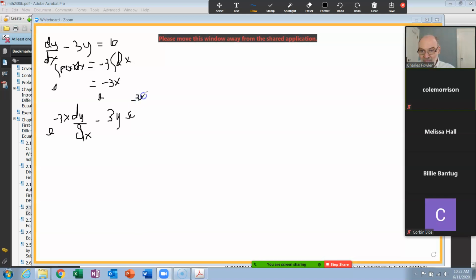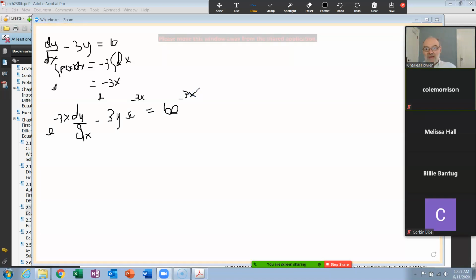But this time, not nearly as easy as it was before, now we have is equal to 6 times e to the minus 3x. Okay. Multiply everything on both sides. Before it was a 0 there, that was easy. Now it's 6 times e to the minus 3x.